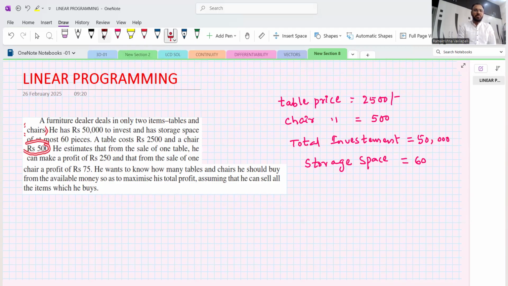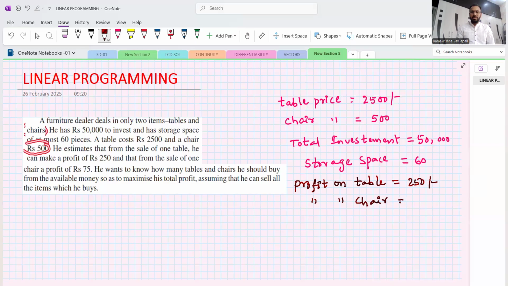So here I'll write: profit on table is equal to 250 rupees, so on each table you will get 250 rupees profit, and profit on chair is equal to 75 rupees.